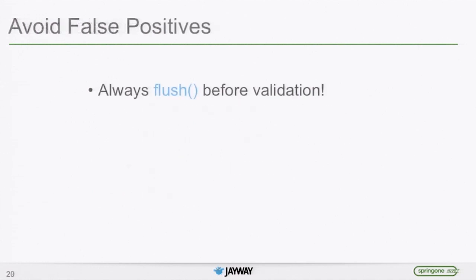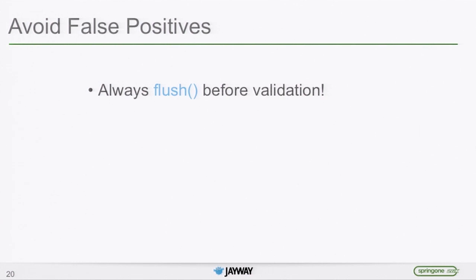The next thing to consider when we're dealing with database state verification is that you should make sure to always flush your validation if you're dealing with ORM mappers. Why? Remember the constraint violation that we have in our code? That will not kick in until the objects are serialized, that is, written to the database itself.